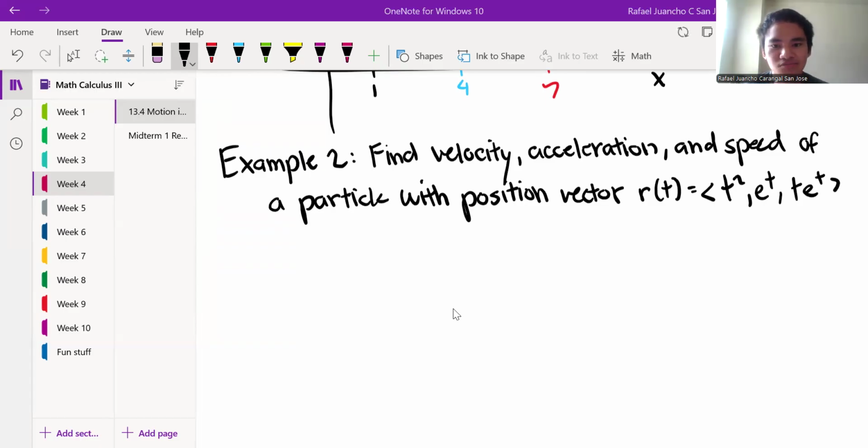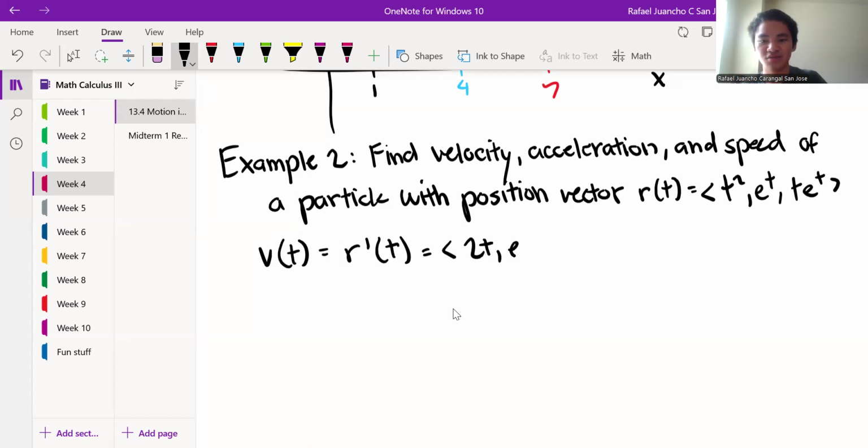Now, let's solve it, right? So we find our velocity, acceleration, and speed. To find velocity, we again take its derivative. So the derivative of t squared is 2t. E to the t is just e to the t. T times e to the t, let me do that real quick.